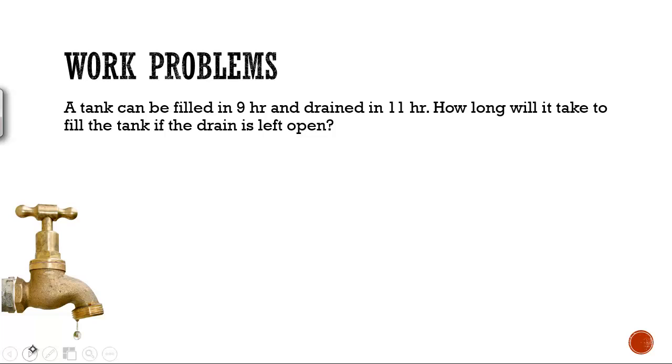Let's try another work problem. Here we have a tank that can be filled in 9 hours and drained in 11 hours. The question is, how long will it take to fill the tank if the drain is left open? So there are two forces here. It's like there's two people working. There's the filler and there's the drainer. The filler, the rate of work is 1/9.